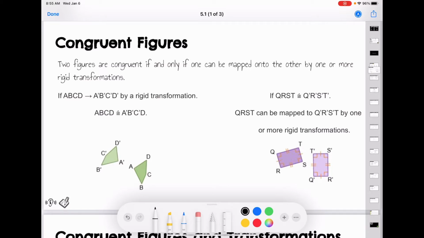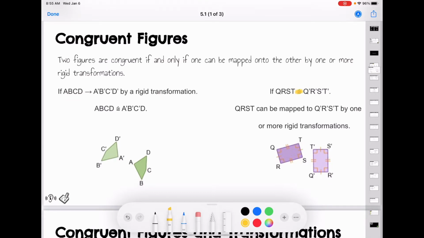On the other hand, in this one, we're told that QRST is congruent to Q prime, R prime, S prime, and T prime. Therefore, they are congruent to each other. We're being told that those 2 are, in fact, congruent to each other by this symbol right here. This means that QRST can be told to map to Q prime, R prime, S prime, and T prime.